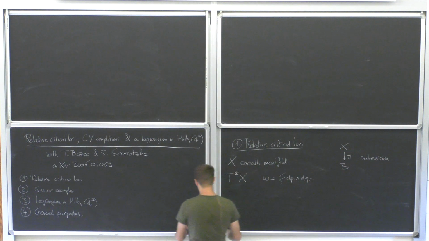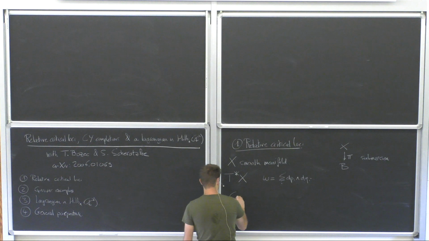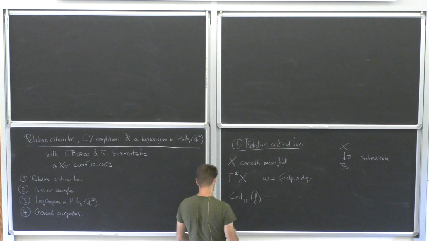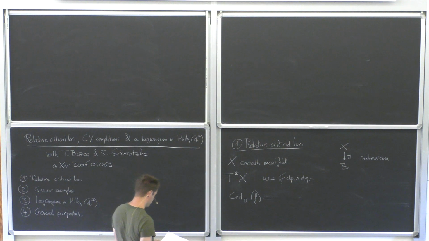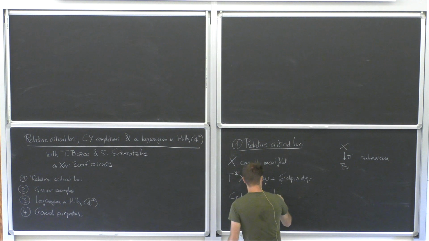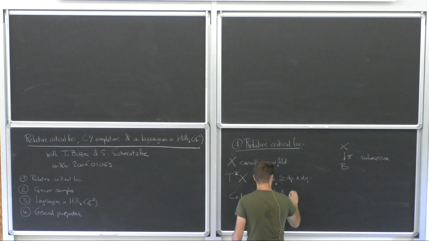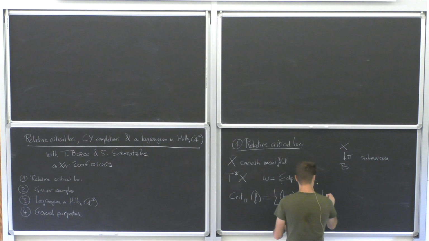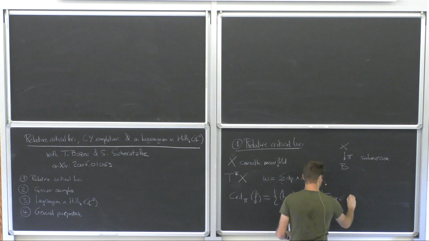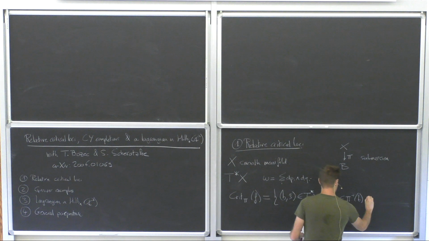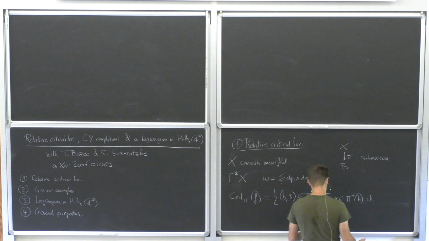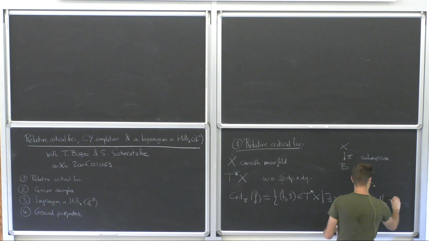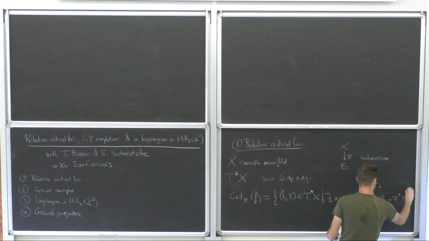Then you can consider the following thing. That's what I call the relative critical locus of f with respect to pi. That's the pairs, let's say (b, xi) in the cotangent bundle, such that there exists a point x in the fiber over b that satisfies the following condition: df at x is the pullback of psi.